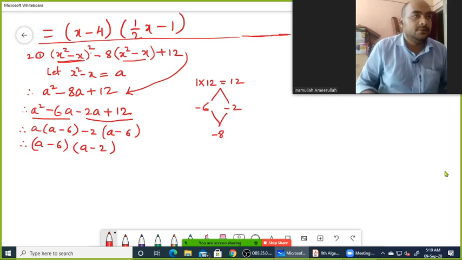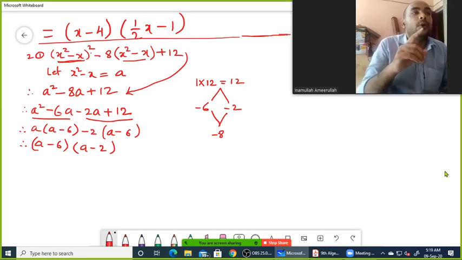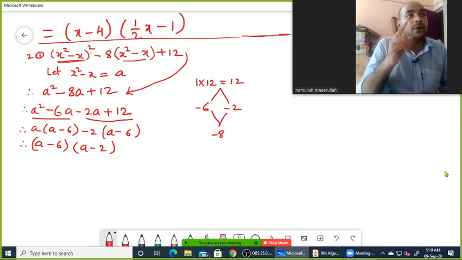But the original polynomial is in the form of x, and our final answer is in the form of a. Final answer means the final factors should be in the form of x. But since the given polynomial is in the form of x, we cannot have factors in the form of a.